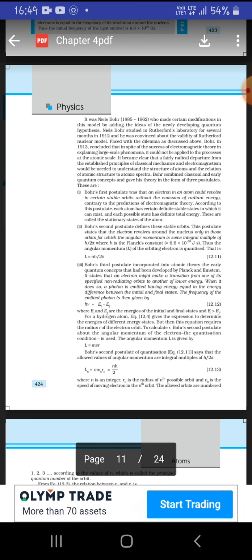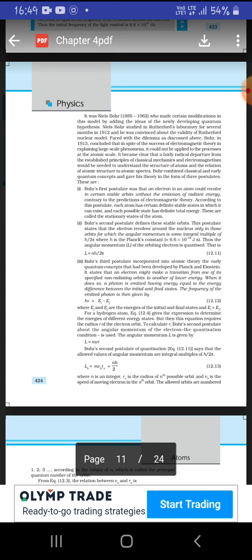The first postulate is that an electron in an atom could revolve in certain stable orbits without the emission of radiant energy. The electron will revolve in an atom without giving off any radiant energy.